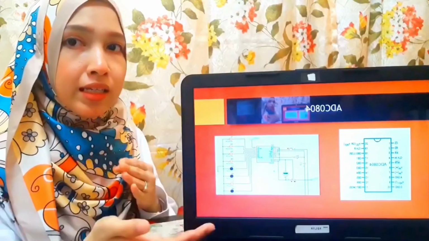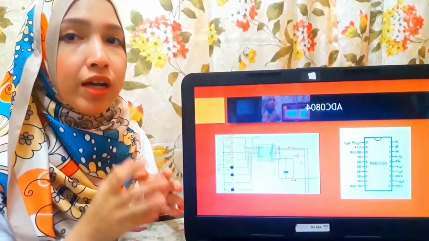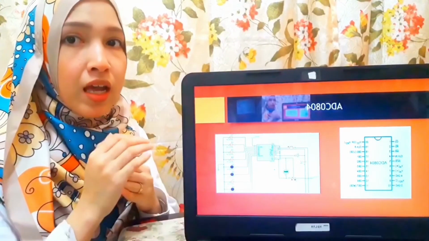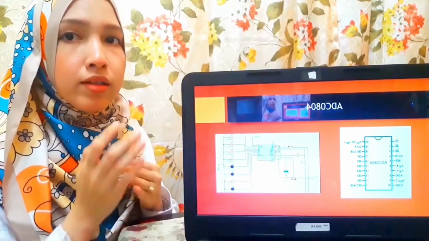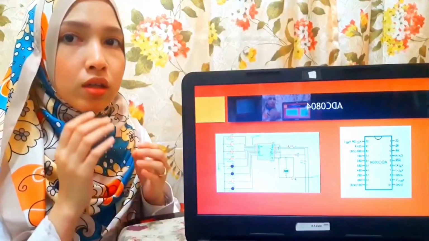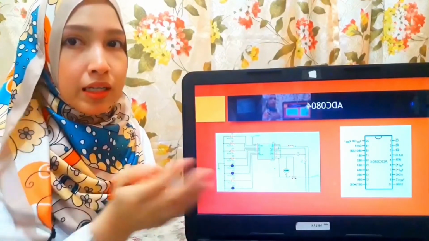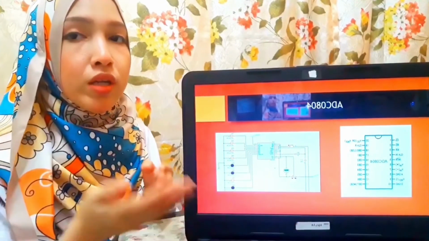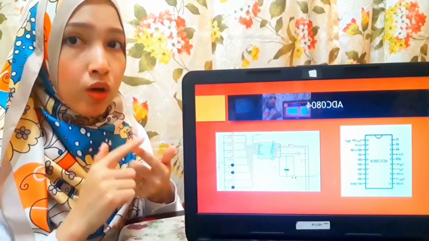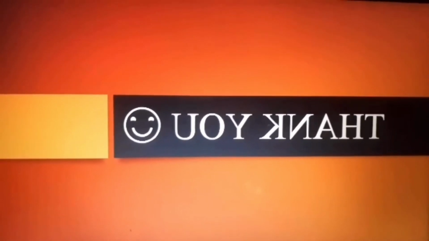So lastly, the entire circuit can be powered from 5 volt DC. The ADC 0804 has active low output, and the instruction CPL A complements it to have a straightforward display. For example, if the input is 5 volt, then the output will be 1, 1, 1, 1, 1, 1, 1, 1. Okay, that's all from us. Thank you.